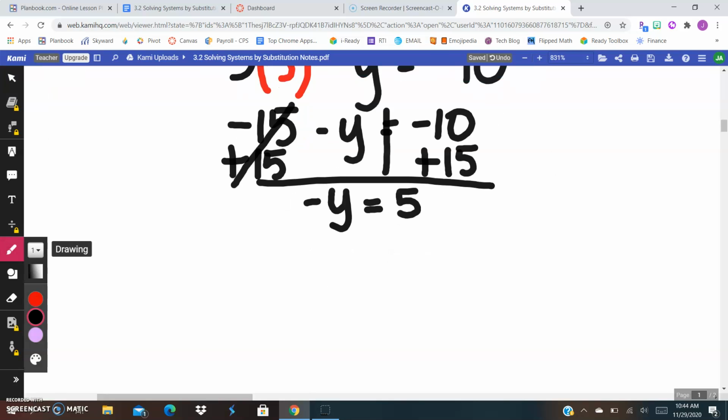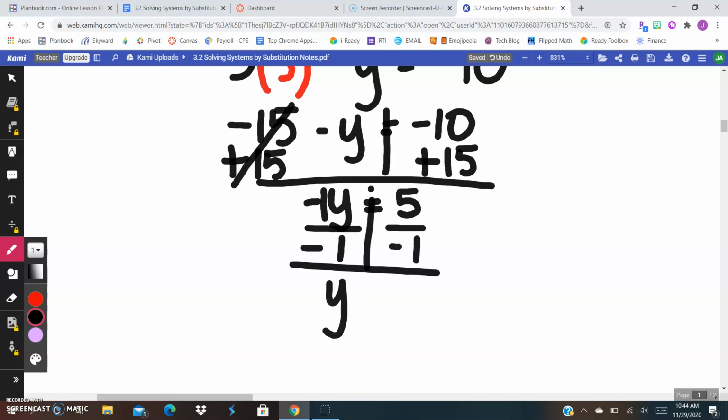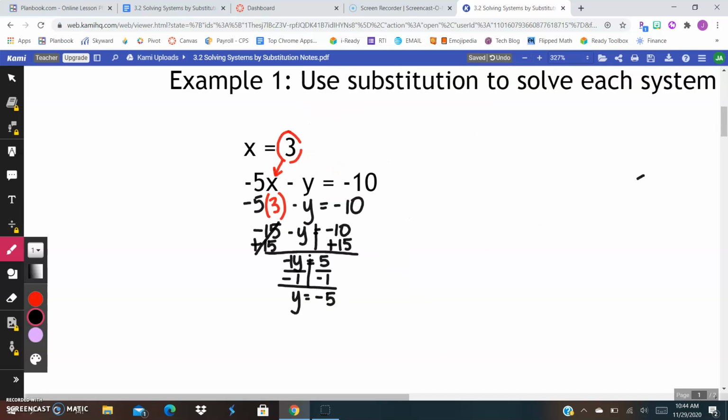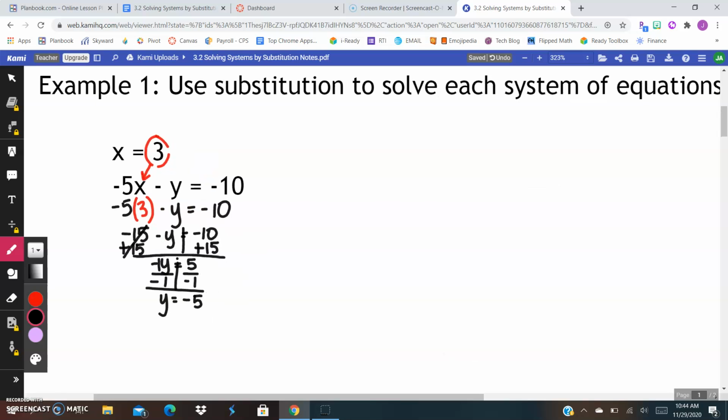Now remember that negative sign is like a -1. So we would have to divide by -1 here so that we just have a regular y. And then 5 divided by -1 would be -5. So for our answer, y is -5.